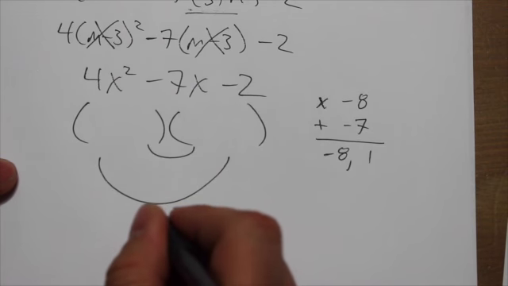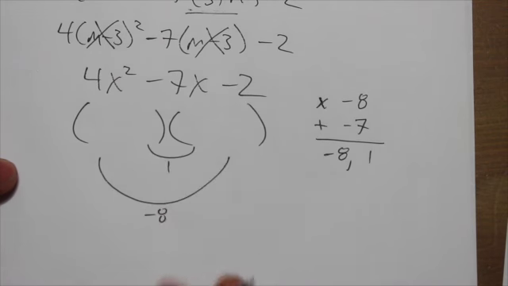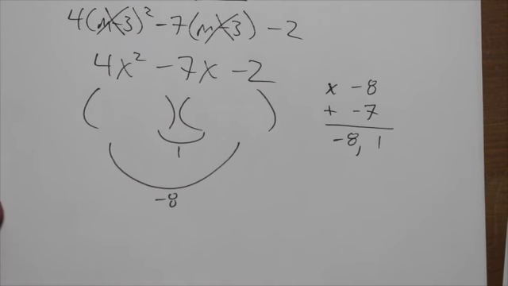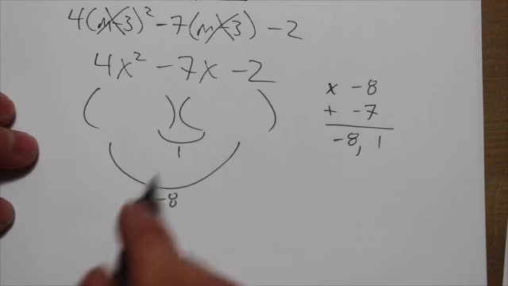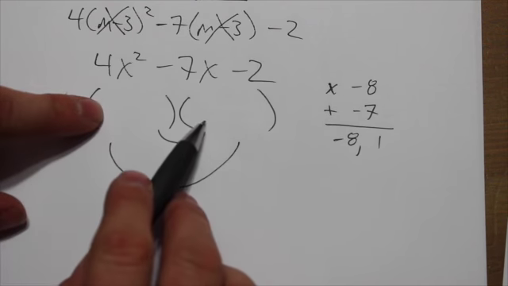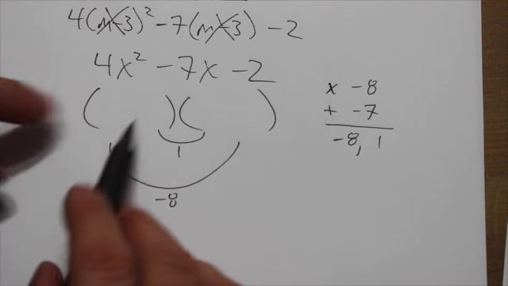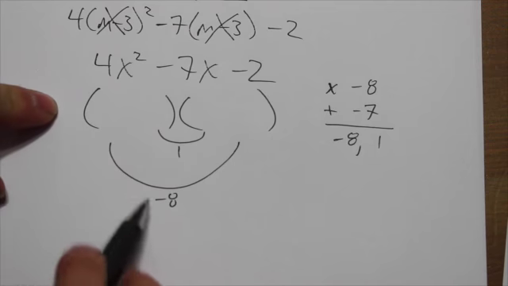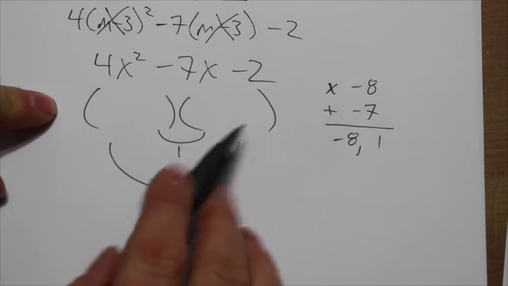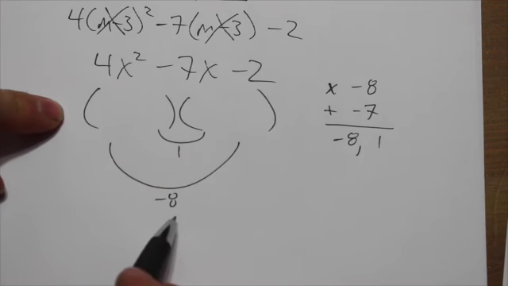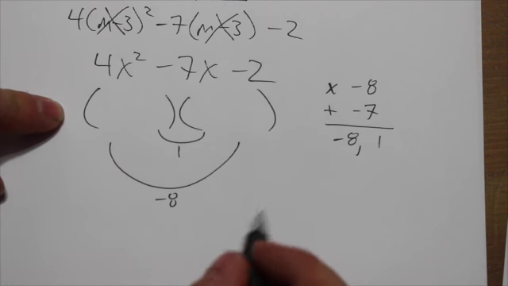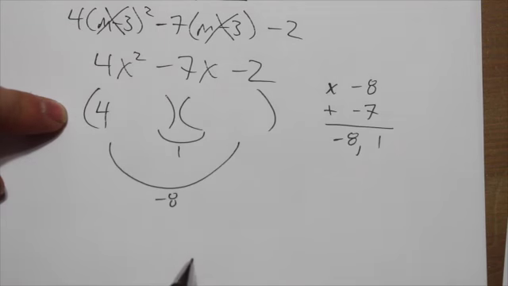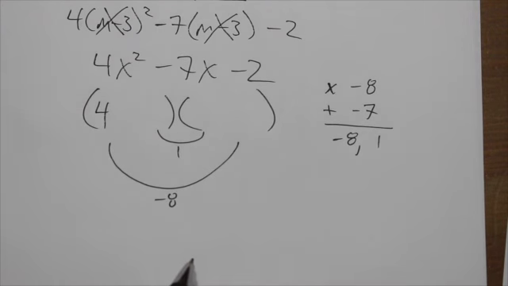So I'm going to let negative 8 be my outer product and 1 be my inner product. Remember that order doesn't matter. If you chose to flip those around, it really makes no difference here. These first two numbers need to multiply together to get 4x squared, but that number needs to multiply with the last one here to get negative 8. Okay, because that's what I'm connecting here, the first term to the last term. So the largest number that could possibly do that is 4.